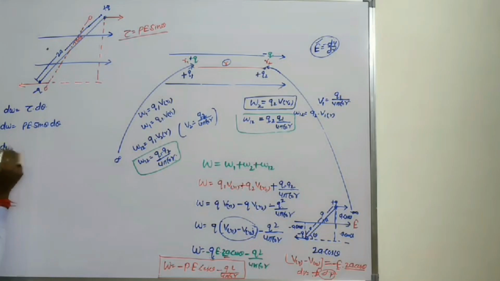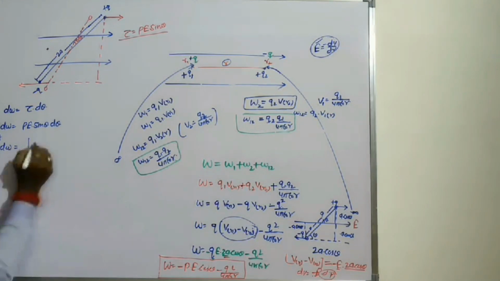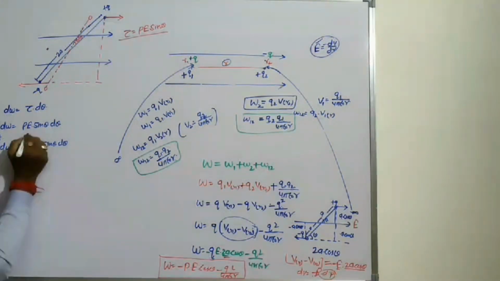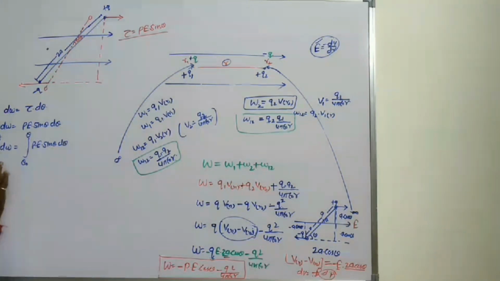Now we can integrate from theta 0 to theta, with work from W0 to W, so W minus W naught.